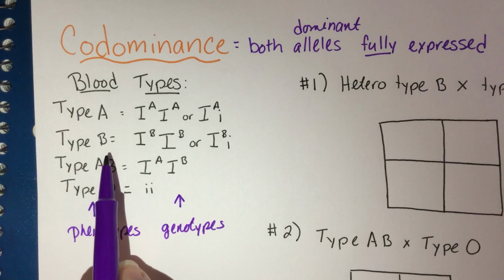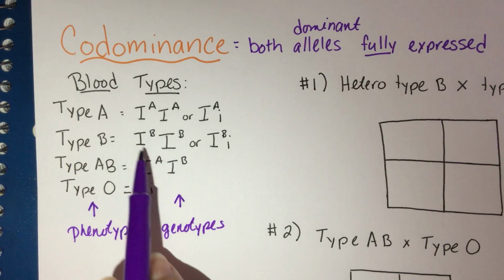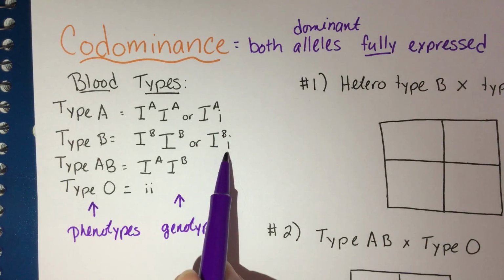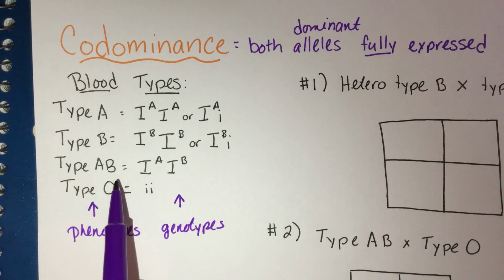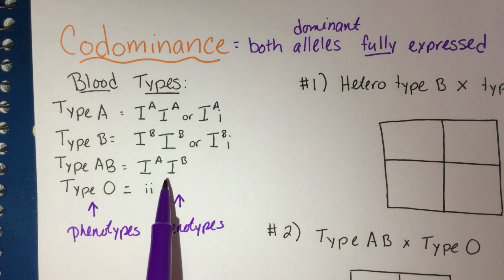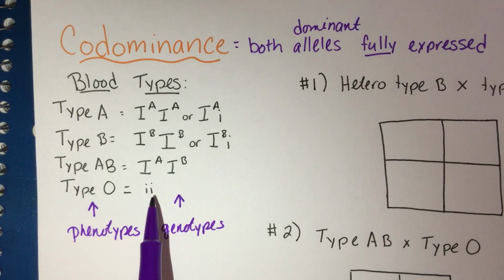Same thing for type B. You could be big I, big B, big I, big B, homozygous dominant for type B, or you could be big I, big B, little I, which is heterozygous for type B. Type AB blood, you have to have both dominant alleles, big I, big A, big I, big B. For type O blood, that's recessive. You have to have 2 recessive alleles, little I, little I.